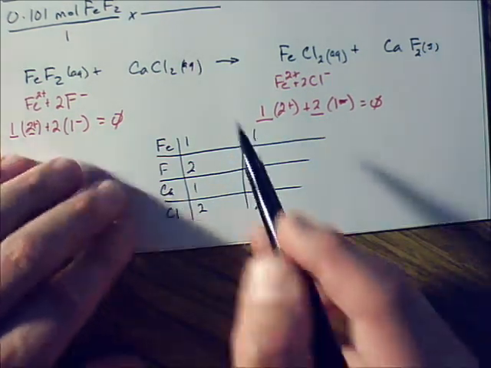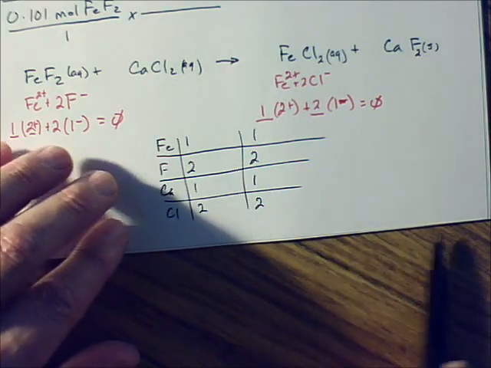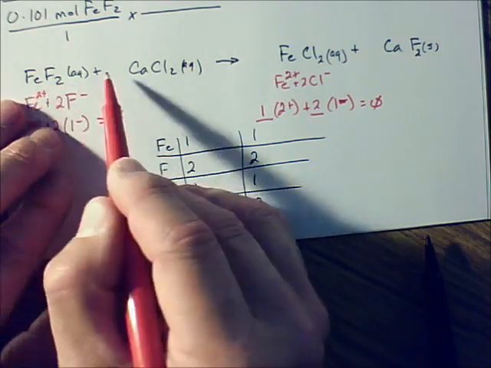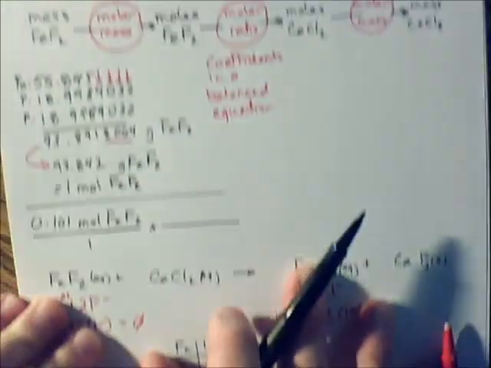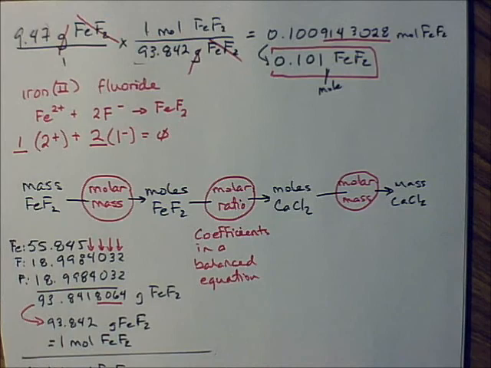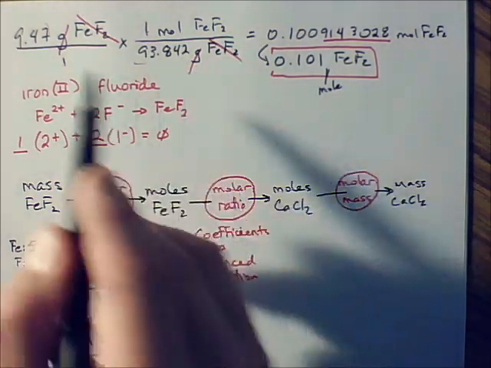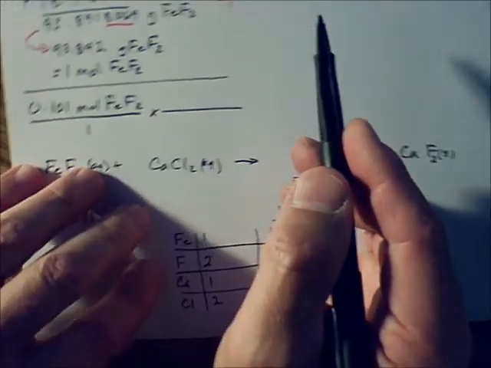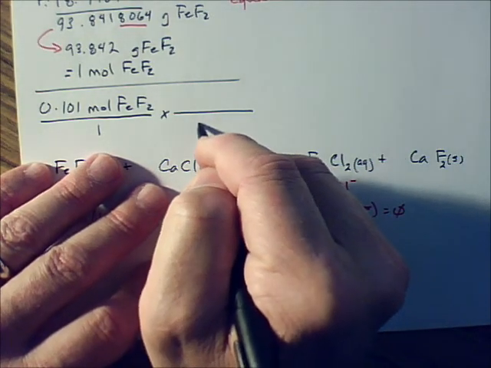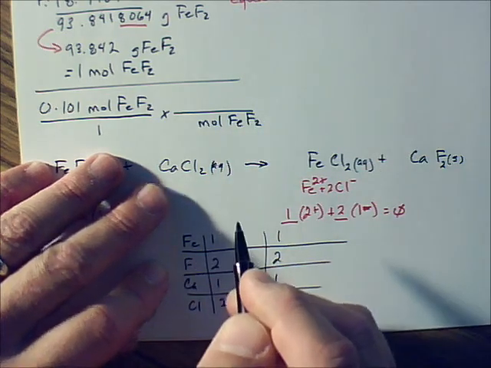We're ready to go on and make a molar ratio. The molar ratio comes from the coefficients in the balanced equation. Every time we build a conversion of any kind, we want the bottom of this part of the problem to have the same units and species as the top of this part of the problem. So I need to have moles of FeF2 here.